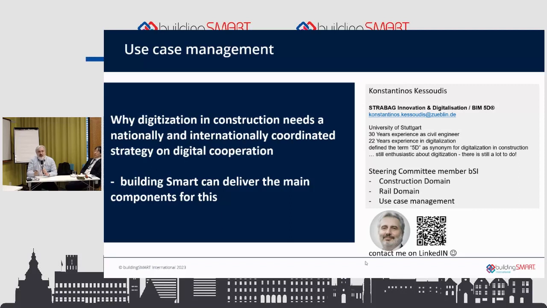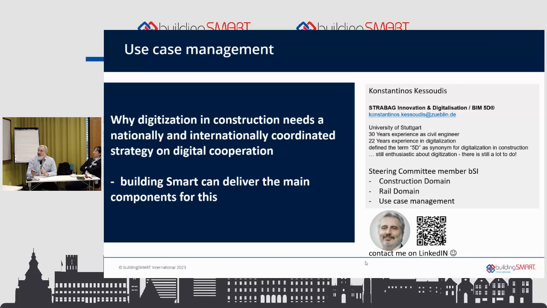Maybe you have seen this presentation before on the rail domain, and this is something we have to discuss within all domains. My base is construction companies, Slovak, Central Europe, and I have now been working on digitalization for 22 years. I was the guy to define 5D once in the world, but anyhow, it's spelled a little bit differently than I meant, but it's okay.